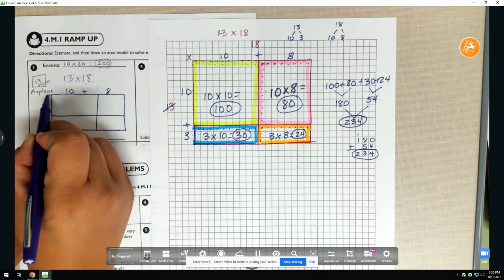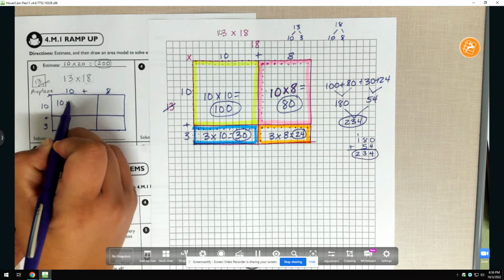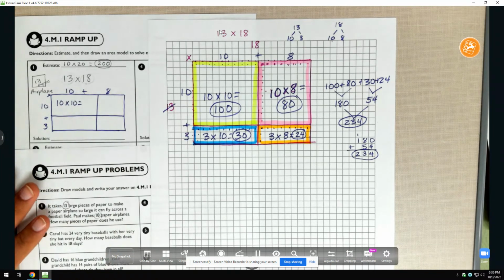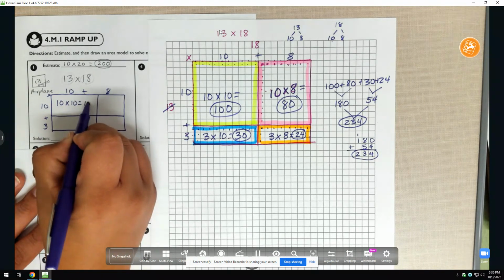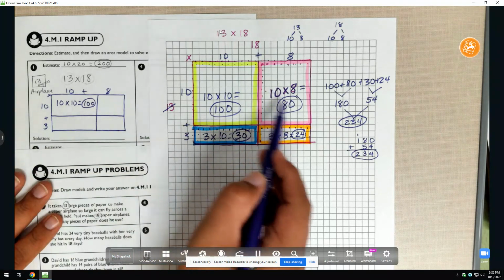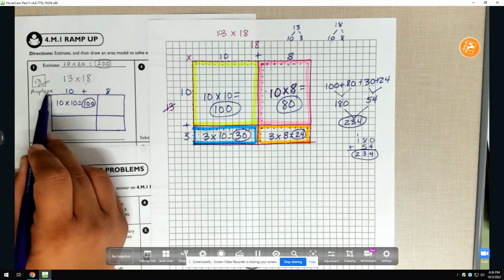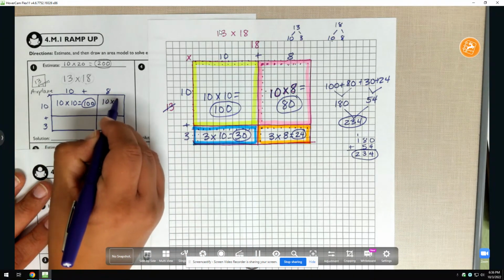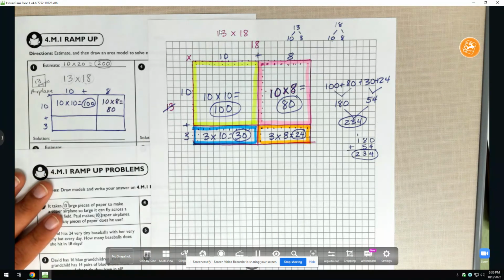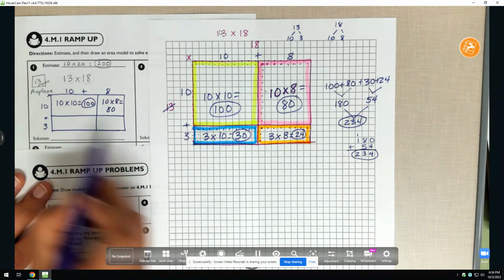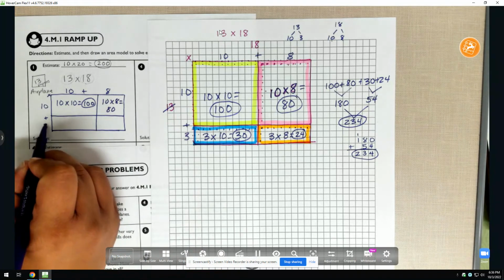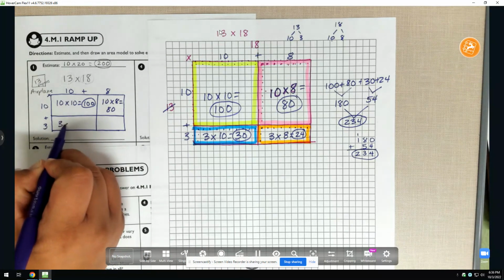And then I have 10 times 10 in this first area. And 10 times 10 is 100. In the second area, the pink area, I have 10 times 8 is 80. This bottom area, my blue area, was 3 times 10.